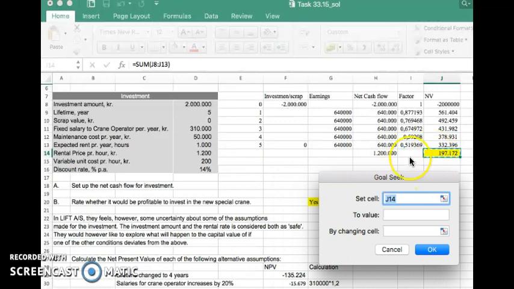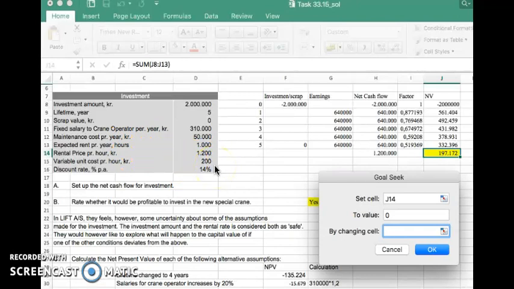We're focusing on the net present value, in cell J14. Therefore, what cell do we need to change? We need this cell to change, so when it is 0 or higher, it will still be profitable for the company. So, by changing cell, we need to look at what figure we want to change.